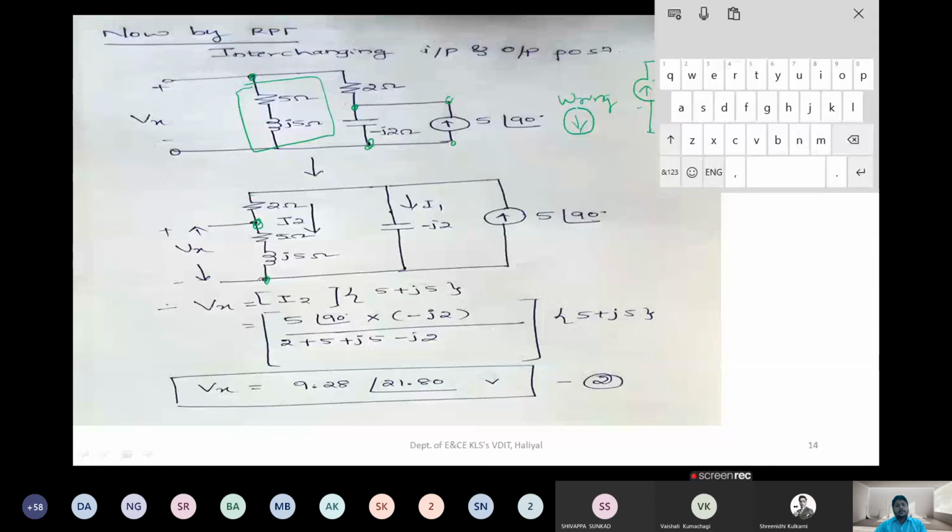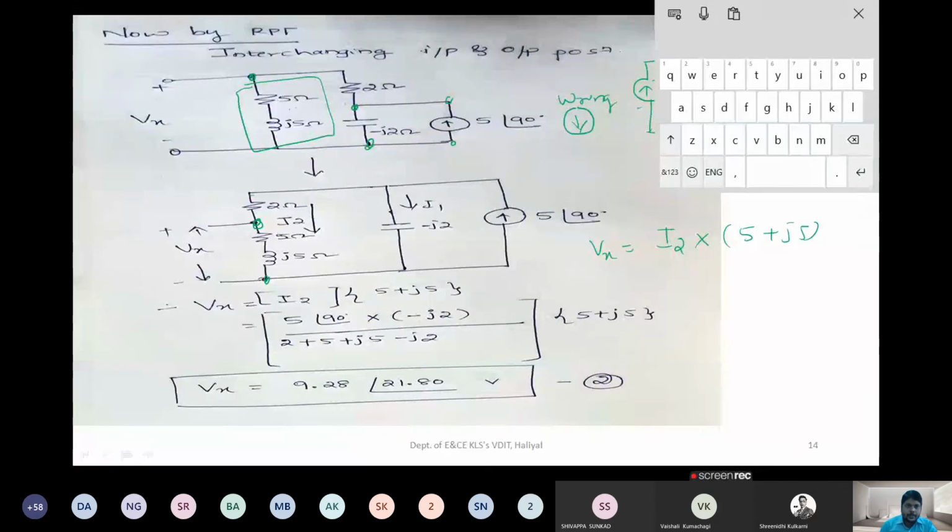This will give me the voltage across that particular impedance. What I need is the voltage Vx. This can be found by the current through that branch multiplied by the impedance there. The impedance is 5 plus J5, this one.